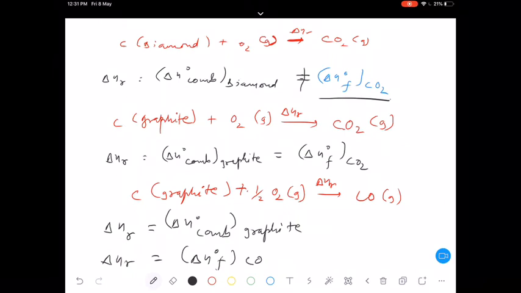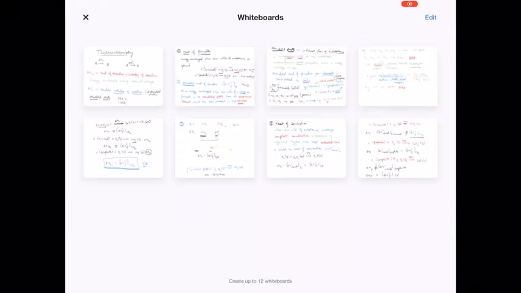But delta HR is not equal to standard heat of combustion of graphite. Yes, exactly. Correct. So I can write here, heat of reaction is not equal to standard heat of combustion of graphite. Why?